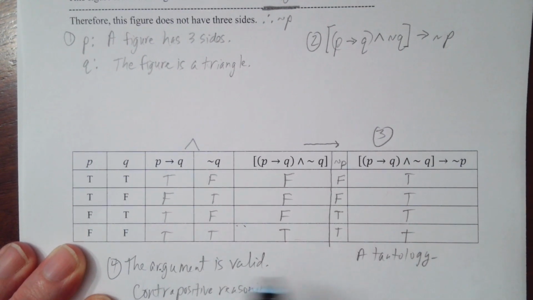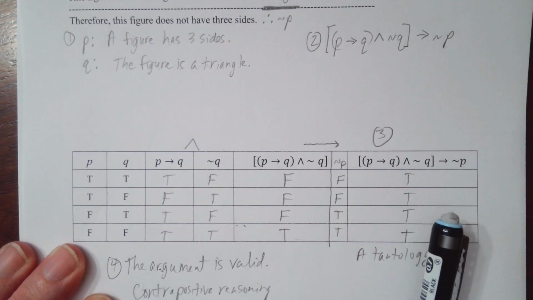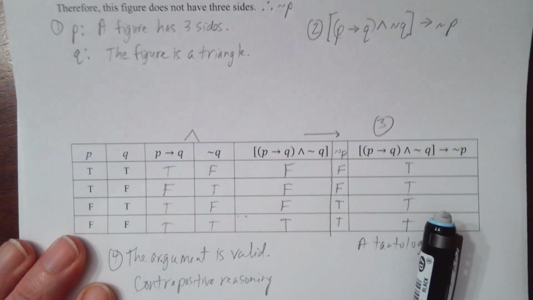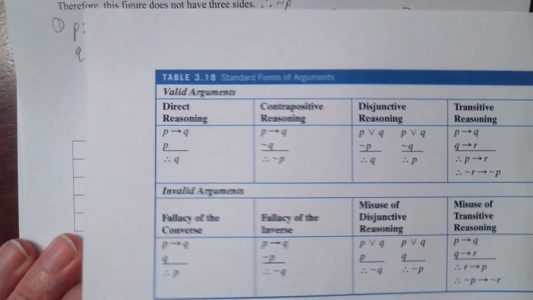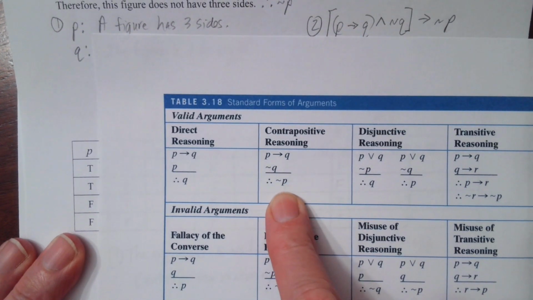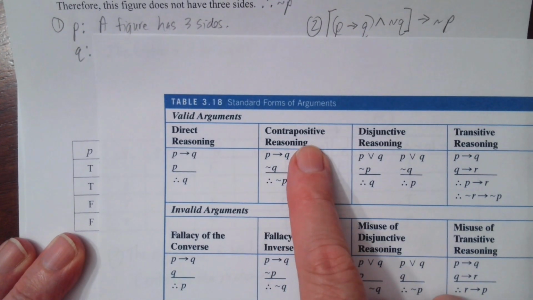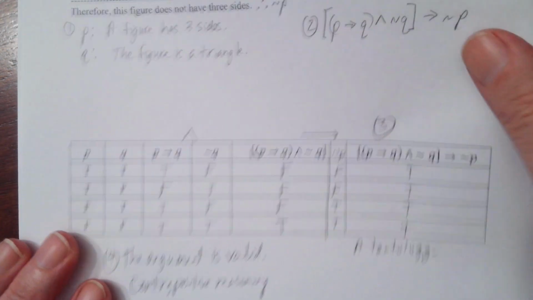So basically, we can use the table to show that this is a valid argument, or we can look at our standard forms and we find this one here, and so we could just say, hey, by contrapositive reasoning, this is a valid argument. Let's move on to the next one.